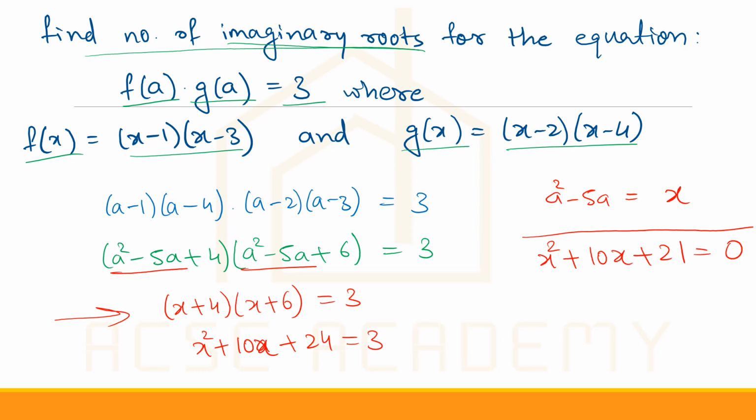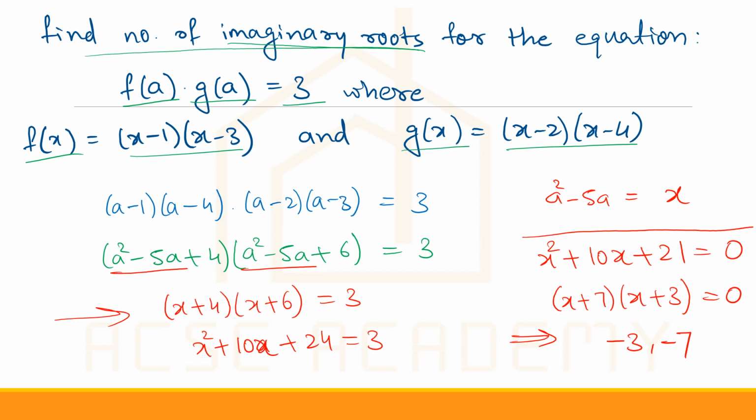Are there any possible factors for this? Yes, 7 and 3. So this will become (x plus 7)(x plus 3) equal to 0. So for this, the roots that we get are minus 3 and minus 7. So now what next?